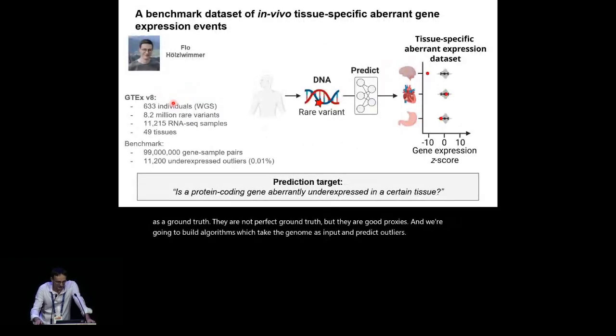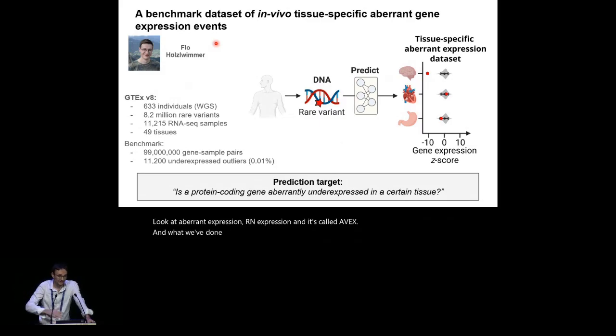And we've done this on splicing, a tool called AbSplice, and our latest one, done by Flo Salvima, looks at aberrant expression, RNA expression, and it's called ABEXP. And what we've done is we applied our outlier detector on the entire GTEx. So we have called outliers for over 11,000 samples, and that gives about 11,000 underexpressed outliers.